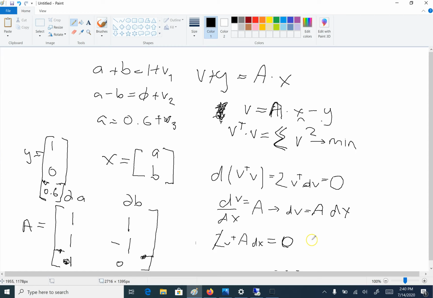A matrix identity is that v transpose times A is the same as A transpose times v.